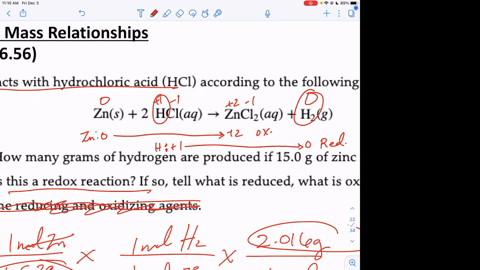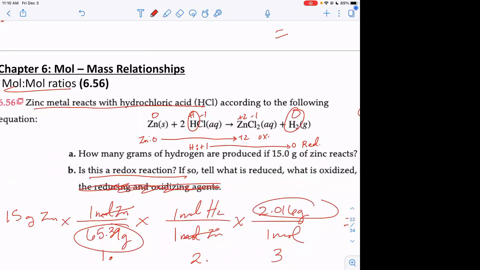So whenever I ask, like, is this a redox reaction? Well, single displacement reactions are always redox. Because something's a 0 when it's by itself, and it doesn't have an oxidation number of 0 when it's in a compound. It's got some sort of number that's not 0. So if I ask you what's oxidized and what's reduced, then you got to go in and figure that out. But if I just say, is it redox or not?